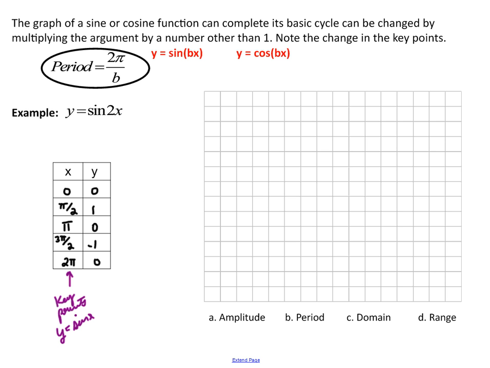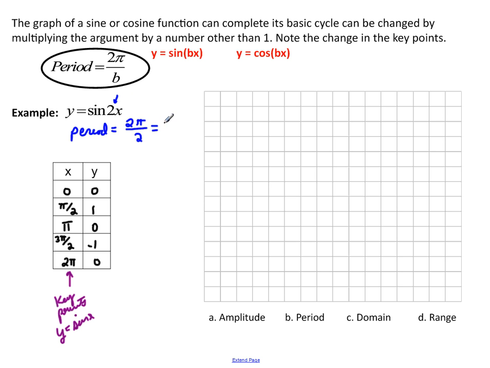Well, here's what you're going to do. If we want y equals sine of 2x, what is the period? We're going to change the period of the function. One full cycle will be equal to 2 pi divided by the value being multiplied by x, so divided by 2.